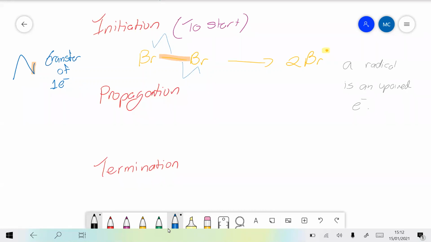During previous talks in the UK, I used to say that radicals are like Jesus Christ. They can do miracles because a radical will break even the strongest of bonds. Okay? And this is one of the ways, in fact, how you can break a carbon-hydrogen bond, which is normally one of the strongest bonds available to a chemist.